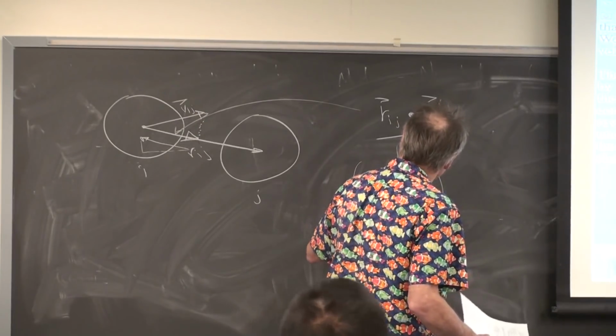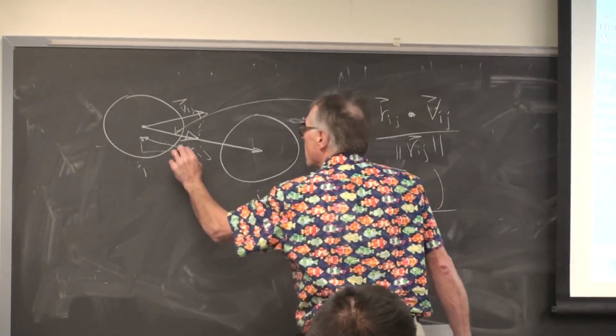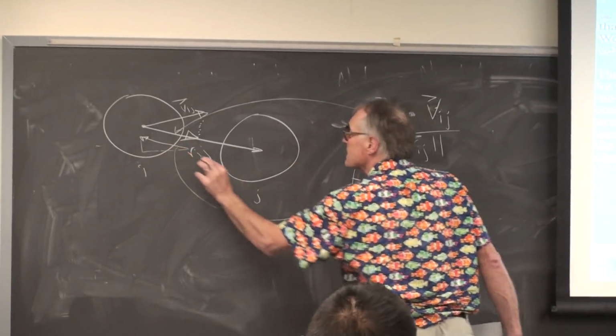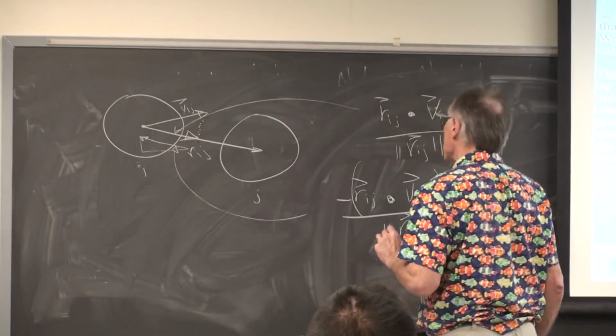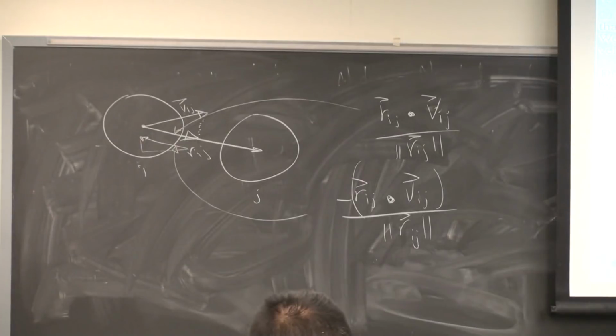Vij over the magnitude of Rij. And so now that's this step. And then we need to project it back into xy coordinates.